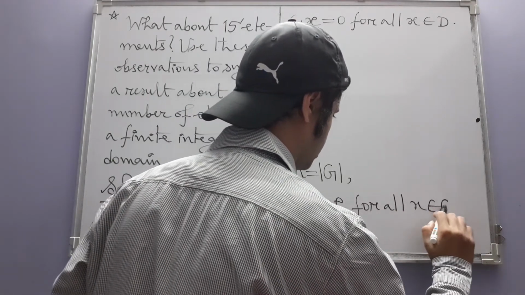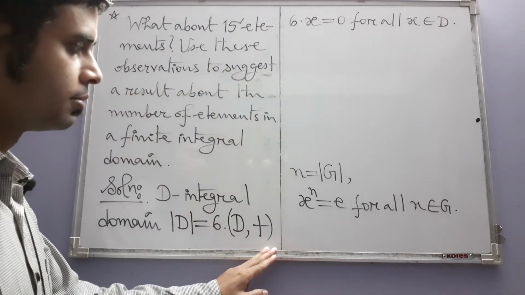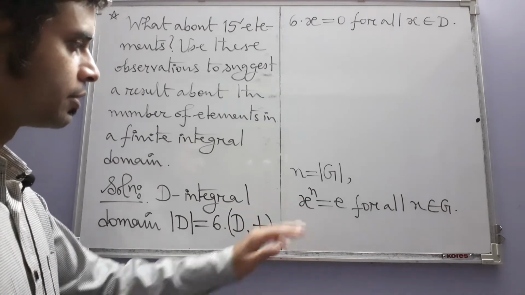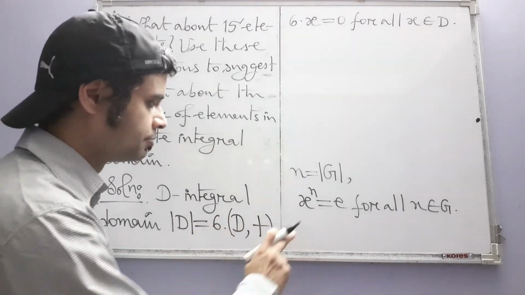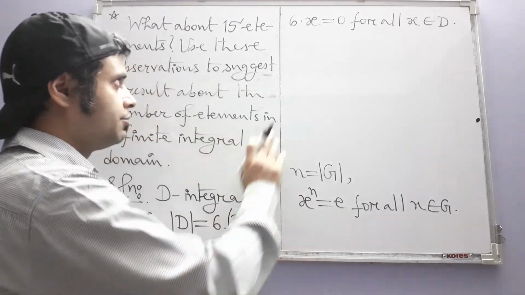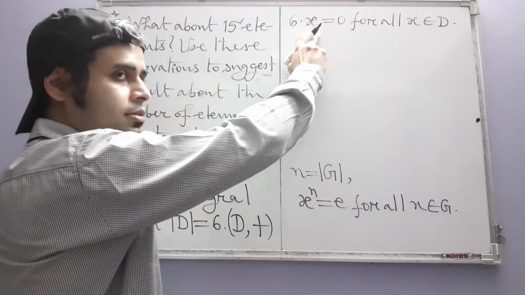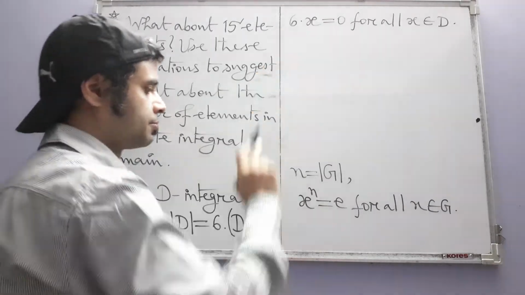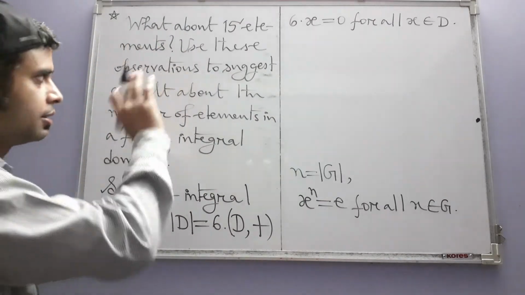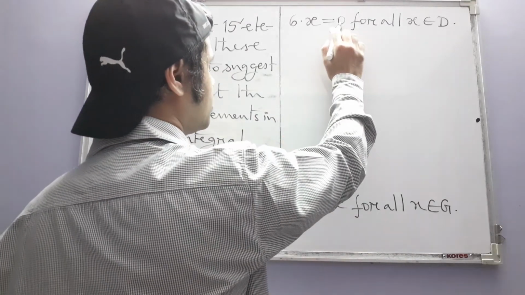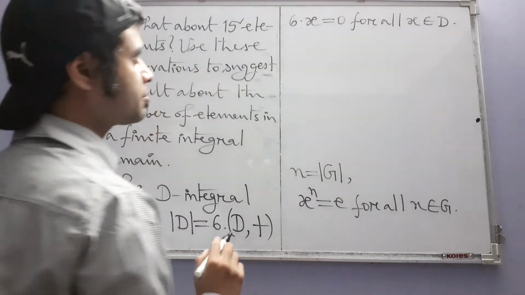We are using this corollary for this additive group, with 6 in place of n now. For this additive group, x to the power 6 looks like 6 dot x, which has the meaning we have seen previously, and that is equal to the identity element of this group, that is 0.